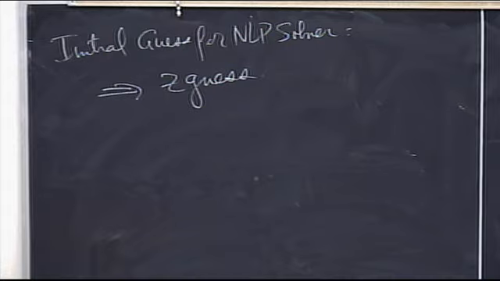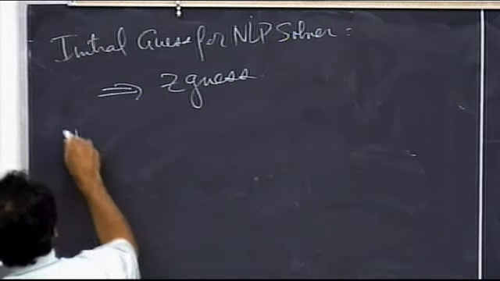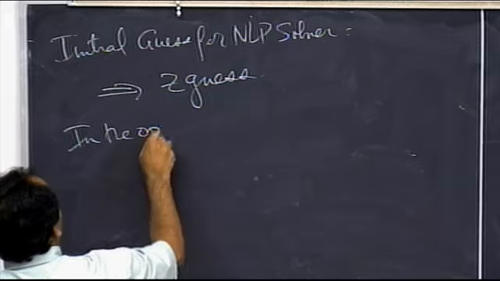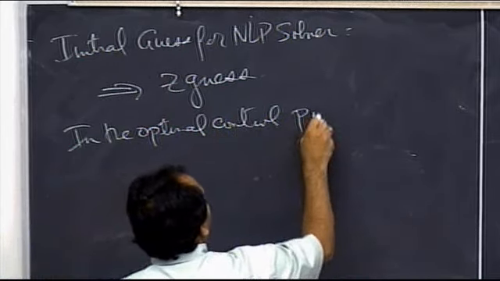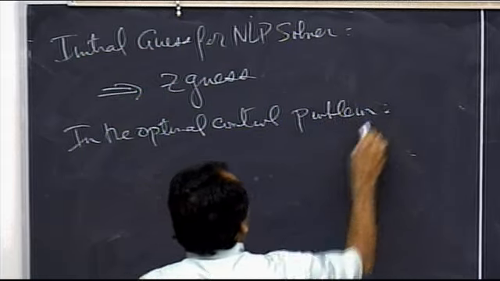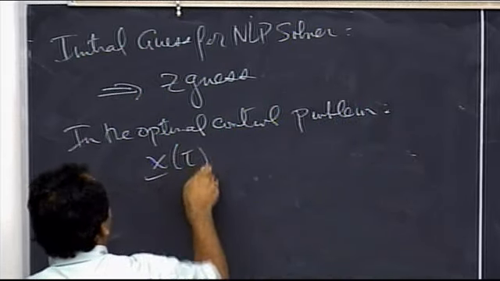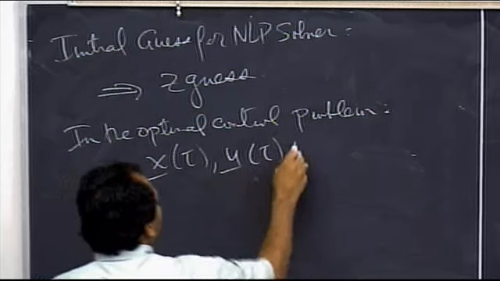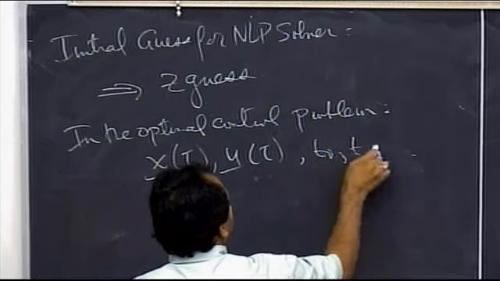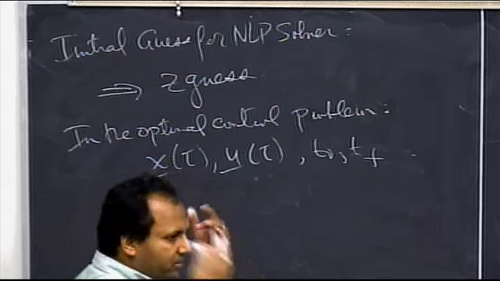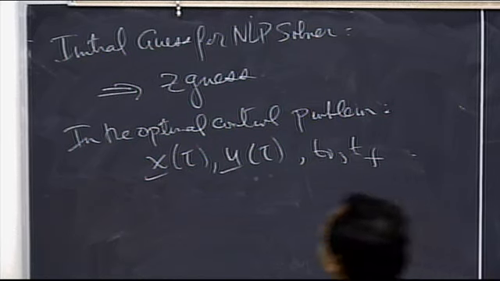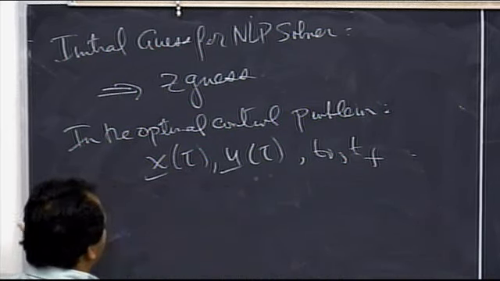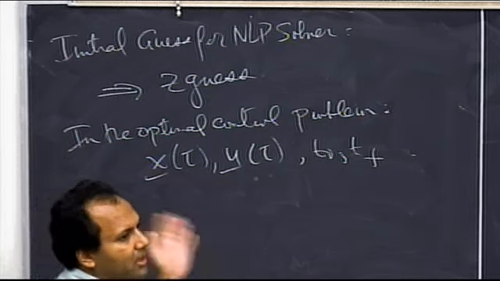But what we really have in the optimal control problem is x of tau, u of tau, t0, and tf. These are the things that we intuitively understand. We understand the state as a function of time. We understand the control as a function of time. So what you normally do is use some really dumb initial guess.